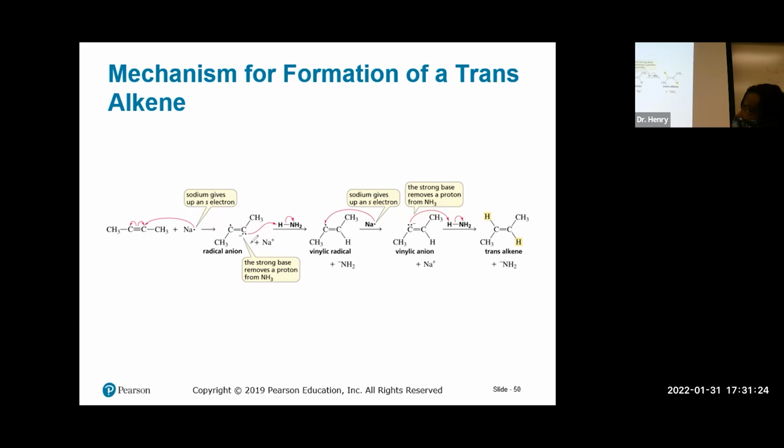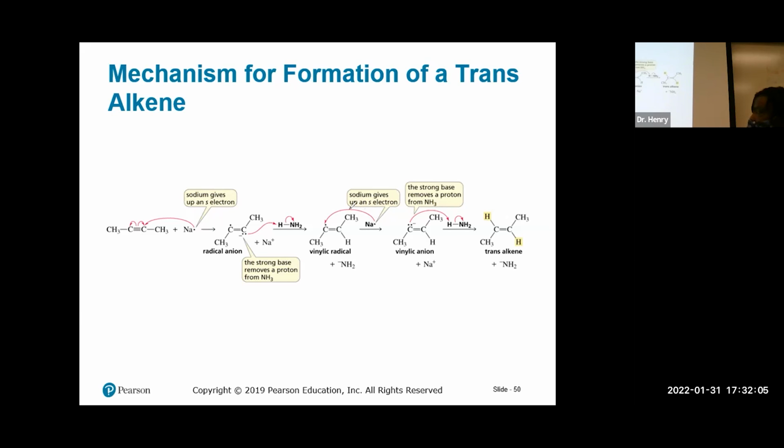Okay. So then the sodium has a plus charge. This guy gets that minus charge because it has that one extra electron. Then these electrons are then going to act on the ammonia. Then the hydrogen on the ammonia is going to donate its electrons to the nitrogen, and then that's going to form the ammonium ion. And then you're going to get a vinylic radical.